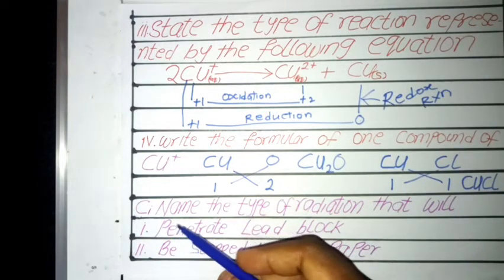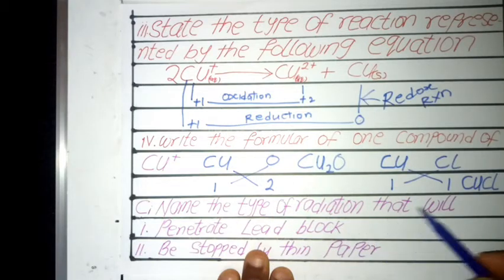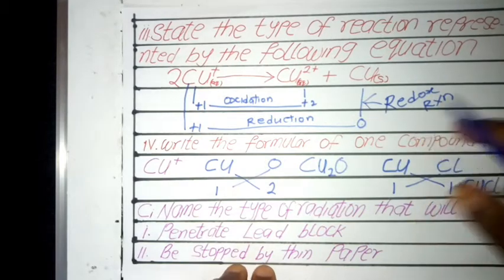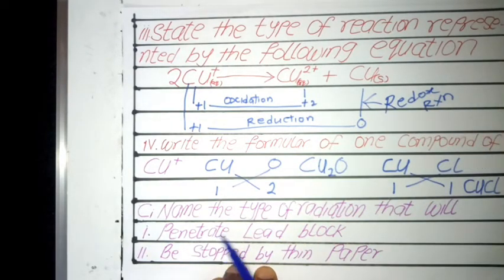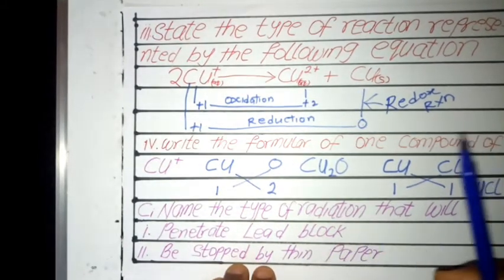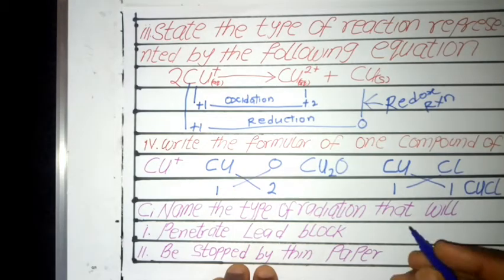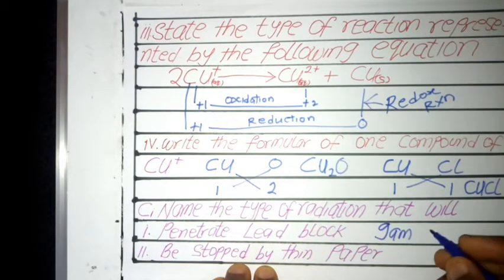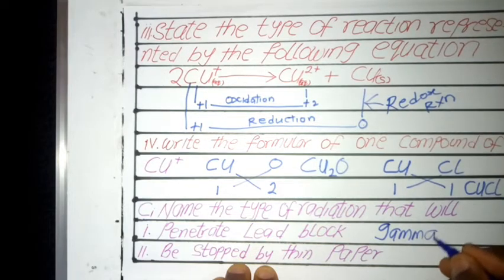Name the type of radiation that will penetrate a lead block, and the one stopped by thin paper. Of course, the one that would penetrate a lead block would be gamma radiation. Then the one stopped by thin paper is alpha radiation.